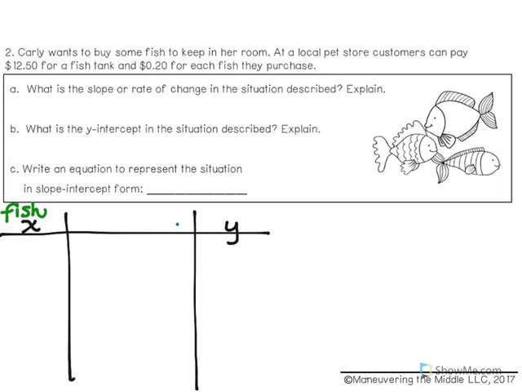And my y-axis, my dependent variable, is going to be talking about how much the whole thing's going to cost. Because I may be talking about $12.50 for a fish tank and 20 cents for each fish, but I'm still comparing my total cost. So my y is going to be my total cost.